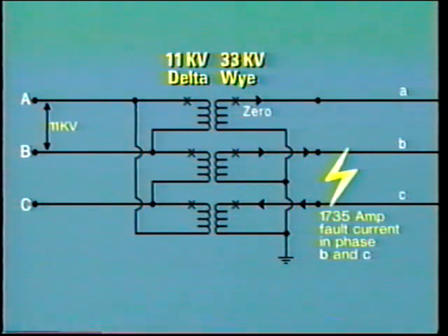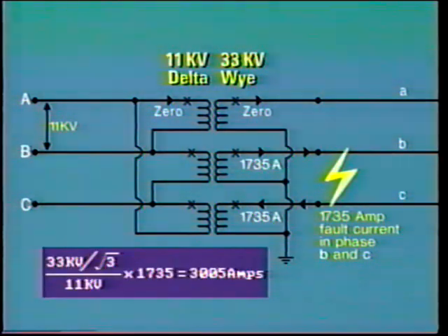This means there is no current flowing in the transformer's A-phase primary winding. In phase B, we have 1,735 amps flowing to feed the fault, and this current returns through phase C. Applying the voltage transformation ratio as shown here, we find that there are 3,005 amps flowing in both primary windings in the direction shown. See your workbook for more details.